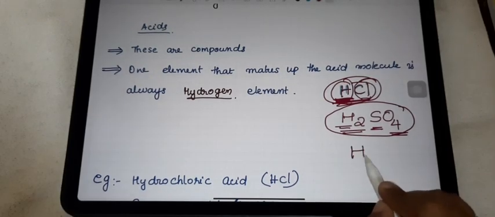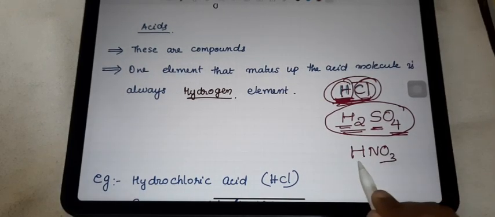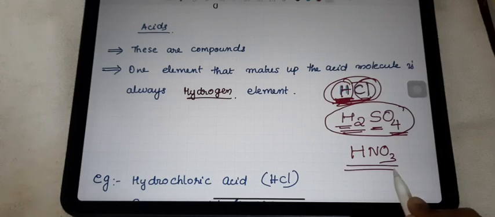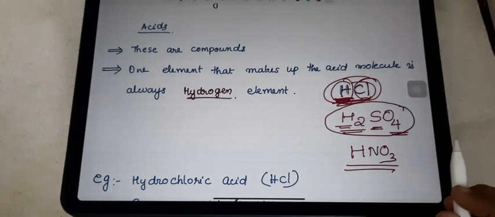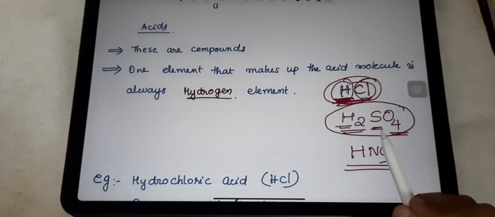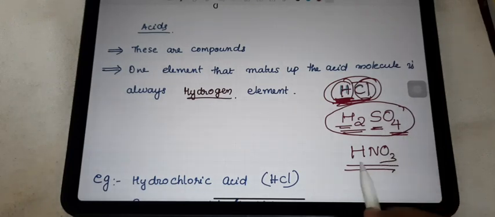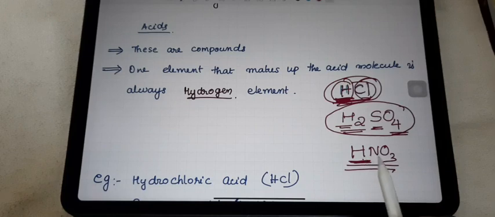If you consider HNO3, it is nitric acid. It is one of the main components in fertilizers. H2SO4 is also used as a fertilizer. Here also H is there, and it contains three oxygen. So it's a compound and it is an acid also.